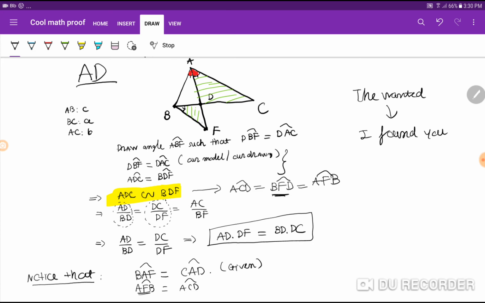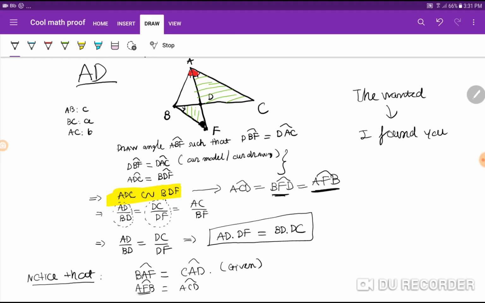Look, BFD is this angle, right? AFB is also this angle. It's this angle right here. They're the same thing. Sometimes mathematics is confusing because they are the same thing, but people express it differently. You have to realize it, okay?